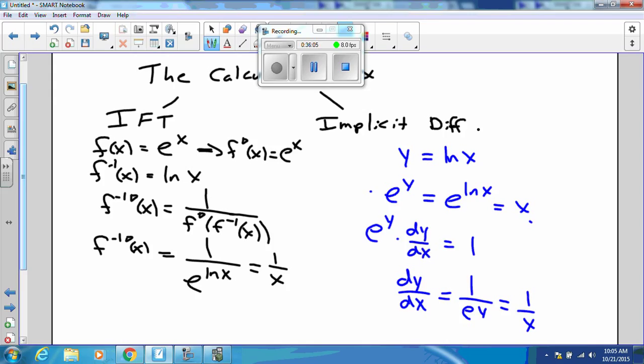The interesting question is, which of these is, quote, better? What do you think? Which one do you like better? Show of hands.